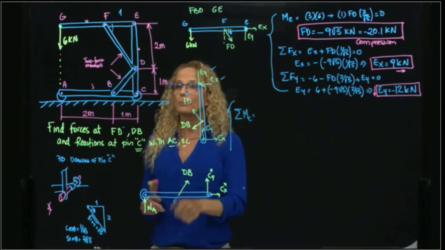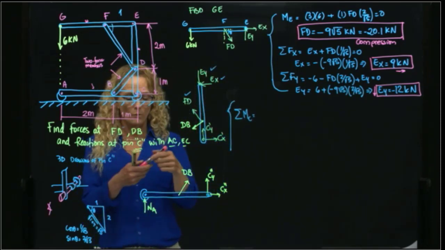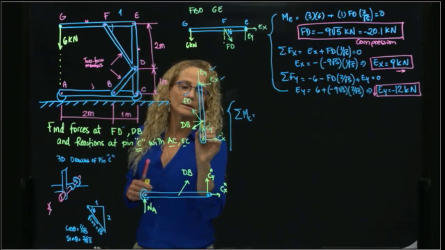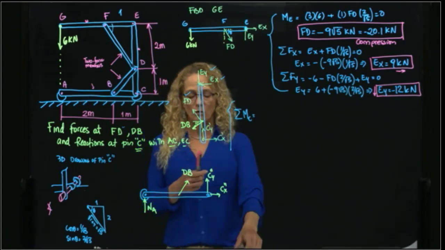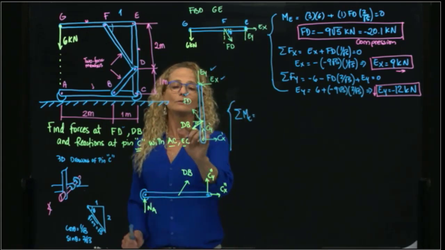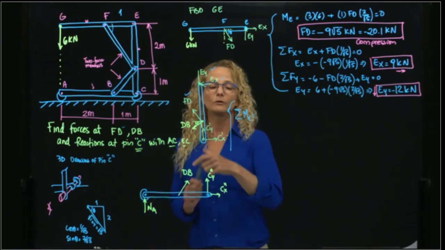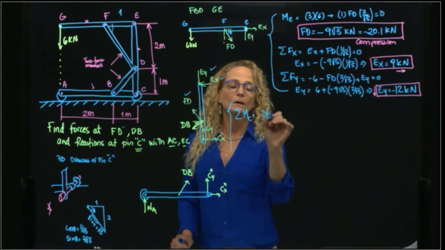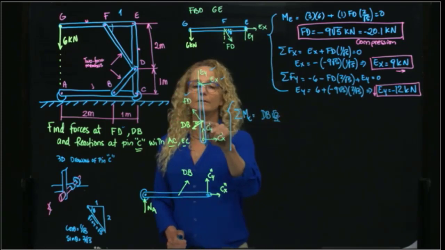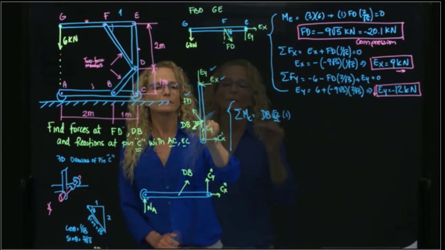Very important, this is 1 and this is 1. Therefore, this angle right here is the same as this one. It's 45 degrees. Good. So let me take moment at C. This one produces a moment, the horizontal component, and is positive, DB square root of 2 over 2, and the distance is 1. This one as well.